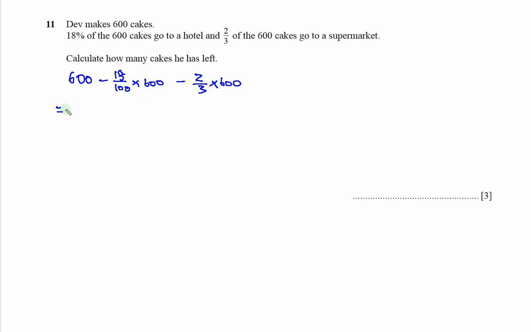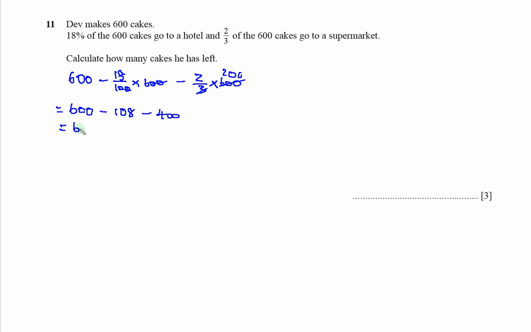Now let's simplify this. The 100 and 600 cancel, 18 times 6 will give you 108. Now this one simplifies to 400.